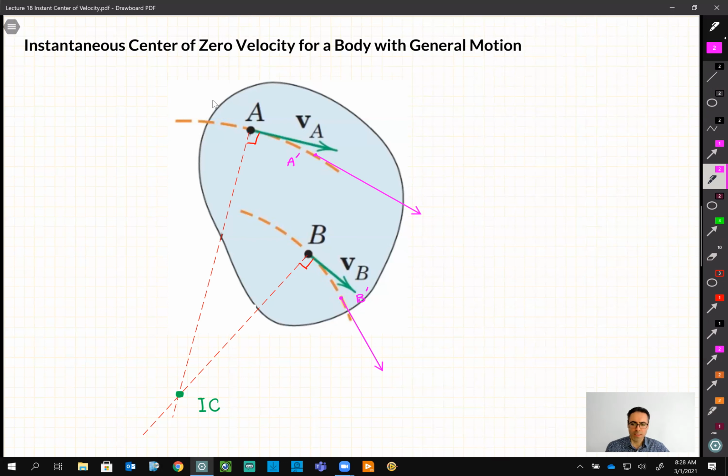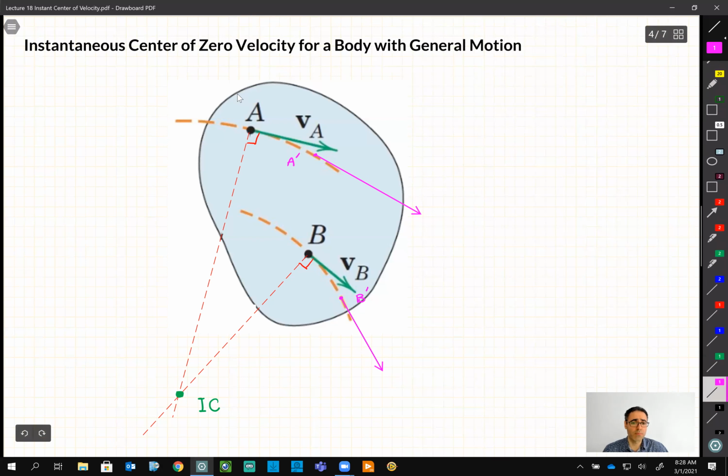The same assumption as we just said: point A prime is part of a circle, then it has to rotate on a circle, and its center has to be on this pink line. What about point B prime? Point B prime has to be on this line. Therefore, this is the new IC.